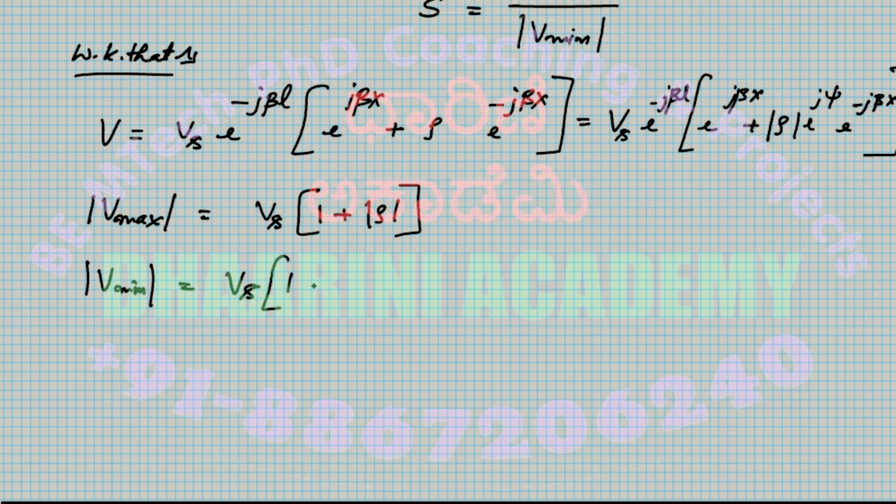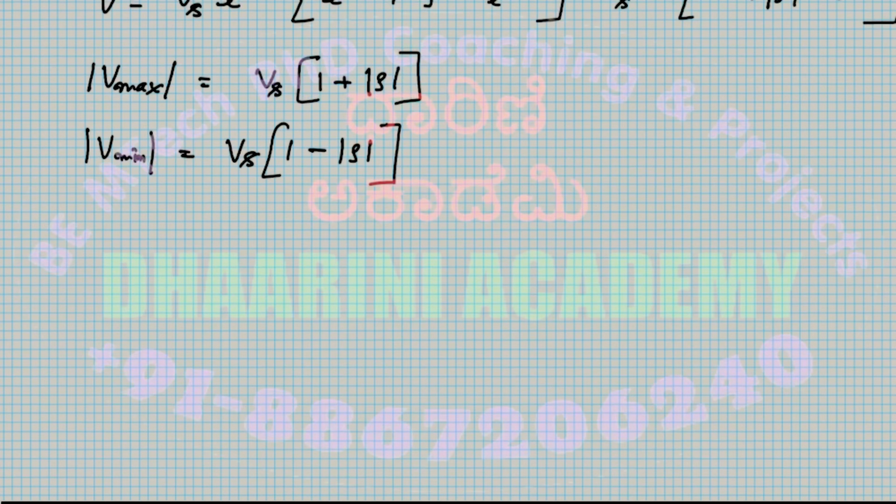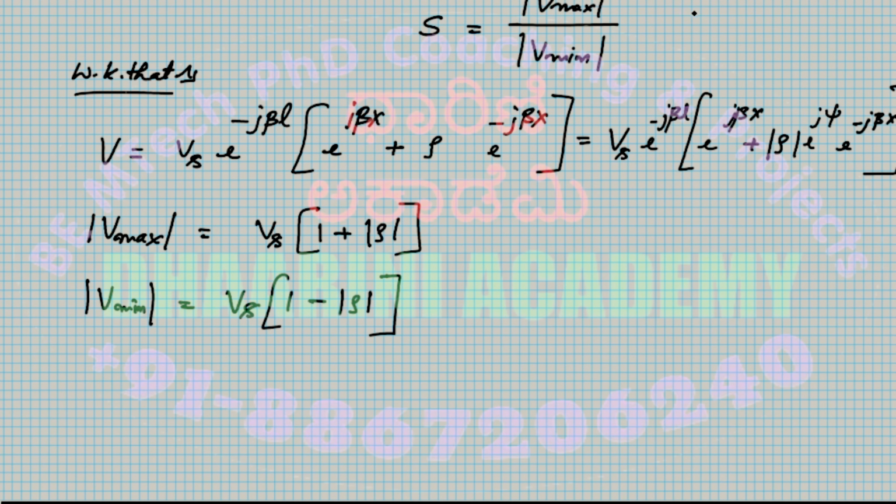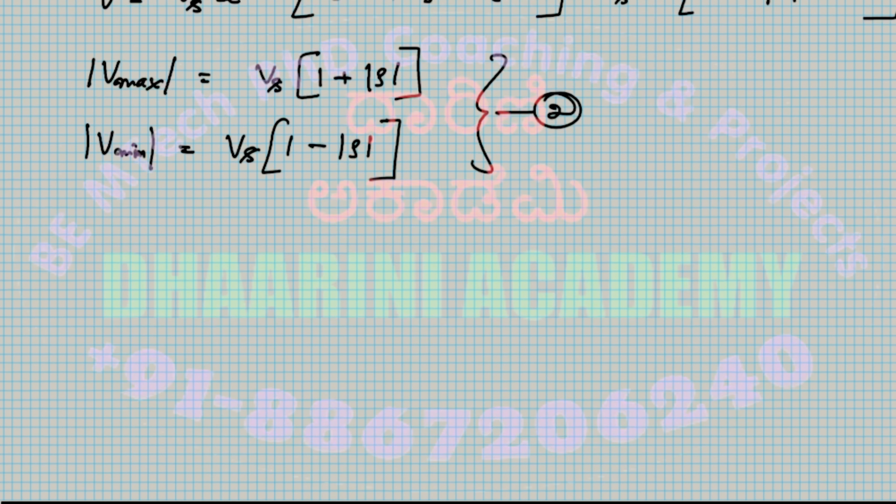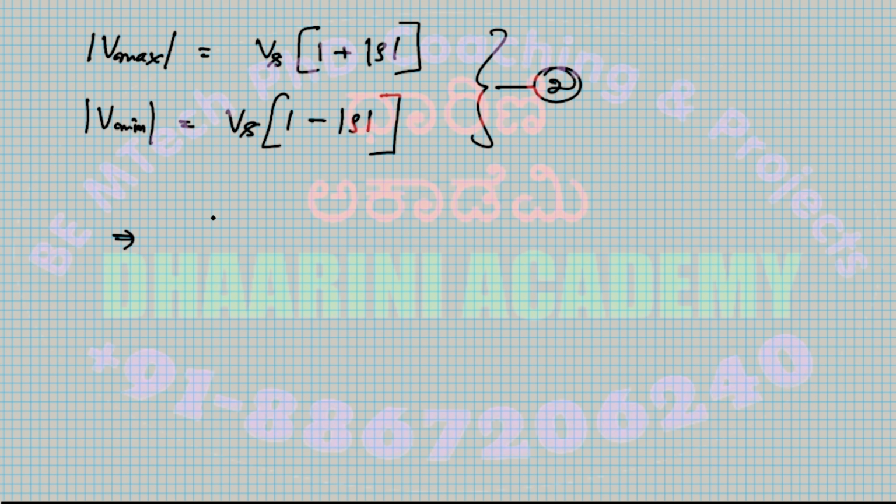So that means this is 1 minus magnitude rho, the minimum value. V max and V min, so substitute these two to get the equation for S. I'll call this 1, and this 2. So dividing 2 by 1 to get S is equal to 1 plus magnitude of rho divided by 1 minus magnitude of rho.